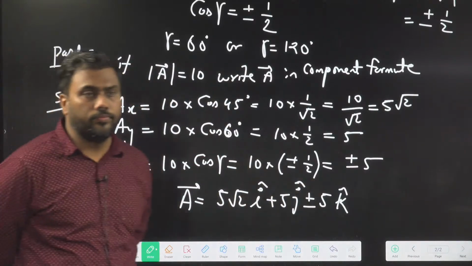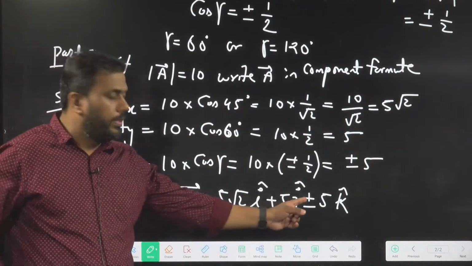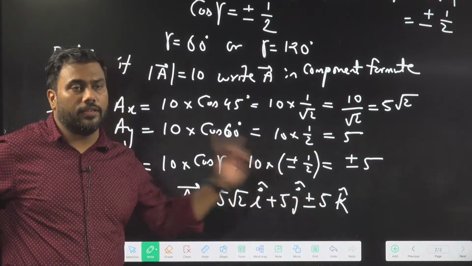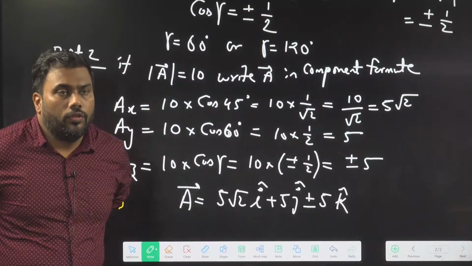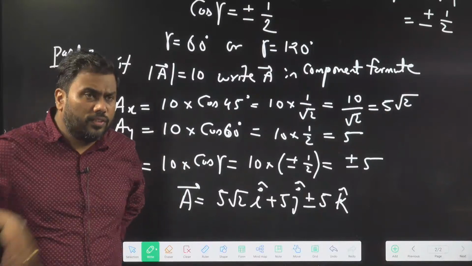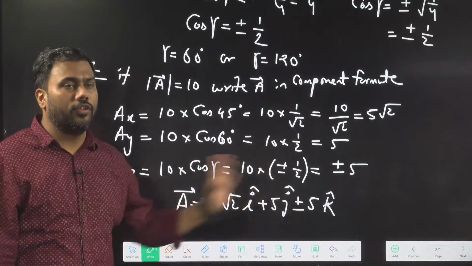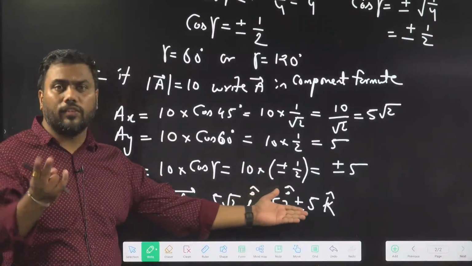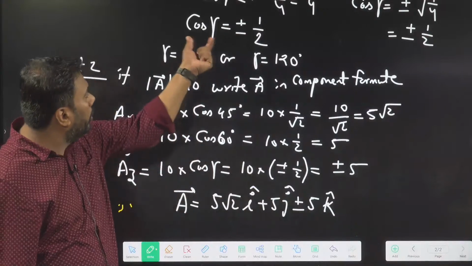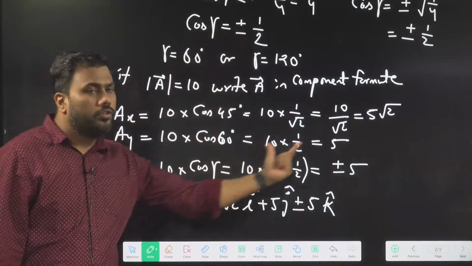Is this clear? Plus minus. Many are making this mistake, plus minus. Some of your answers are also correct, very good, but no one has given me this plus minus answer for the z component. There may be two answers for the z component, because this cos gamma is plus minus half. So plus minus 5.